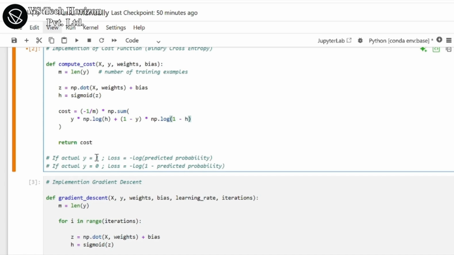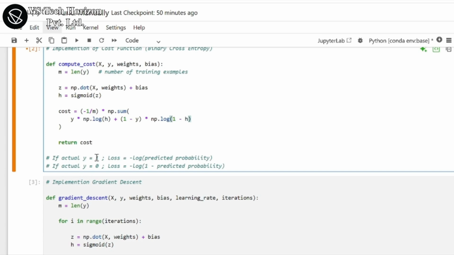If the prediction is 0.9, then the log of 0.9 is a small negative value, which is considered a small loss. And if the prediction is 0.1, then the log of 0.1 is a large negative value, which is considered a high loss. So, wrong confident predictions increase loss.